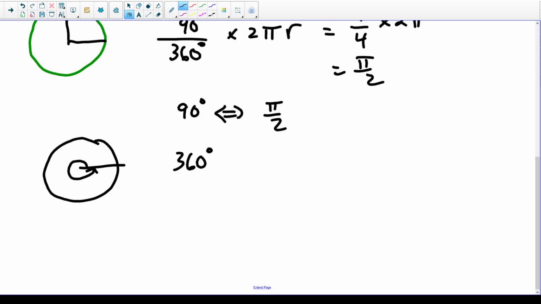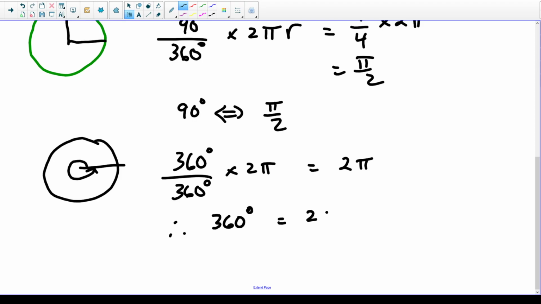Now I have 360 divided by 360 times 2 pi, which gives 1 times 2 pi, which is just 2 pi. And therefore, 360 degrees is equal to 2 pi when we talk about the proportion of the circle that we've gone around.